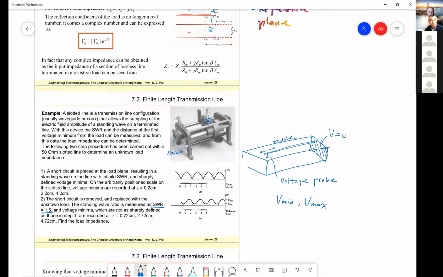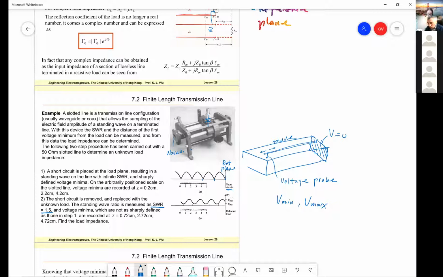Of course, this location is my reference plane. At this location, the short circuit, the voltage is minimum, equal to 0, right? This is also a voltage minimum, and this is also a voltage minimum.